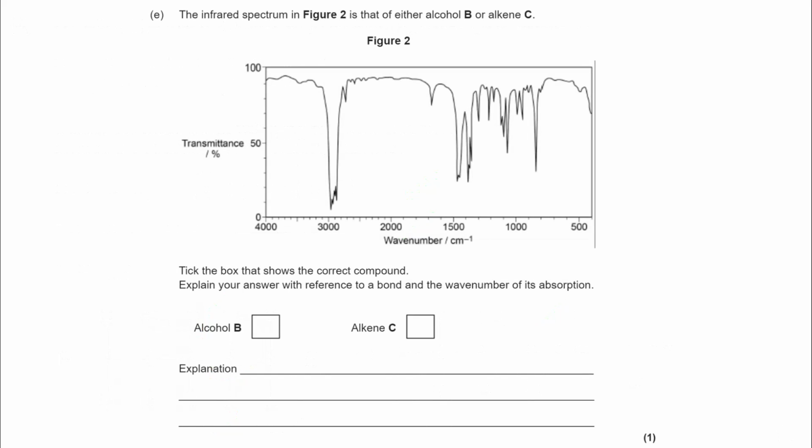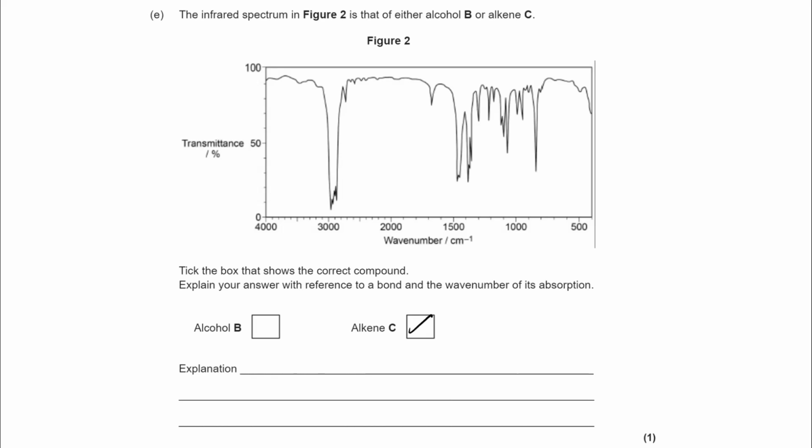Moving on to part E, and we're actually doing some infrared spectra here, a relatively straightforward infrared spectra question actually. Remember, you've got this data provided in the exam, so always do look at it. I am going to say straight away that it is an alkene, and there's 2 justifications for this.